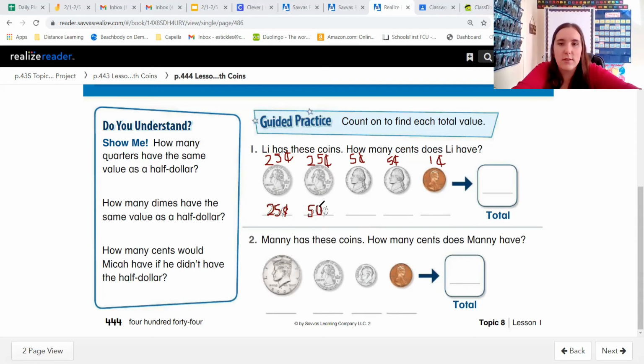50 cents. And now we're on our own. They're not going to help us anymore. If I'm at 50 cents and I add 5 more, how many would I have? 55 cents. And this is where your addition skills are going to really come in handy, ladies and gents. What's 5 more cents after 55? 60 cents.